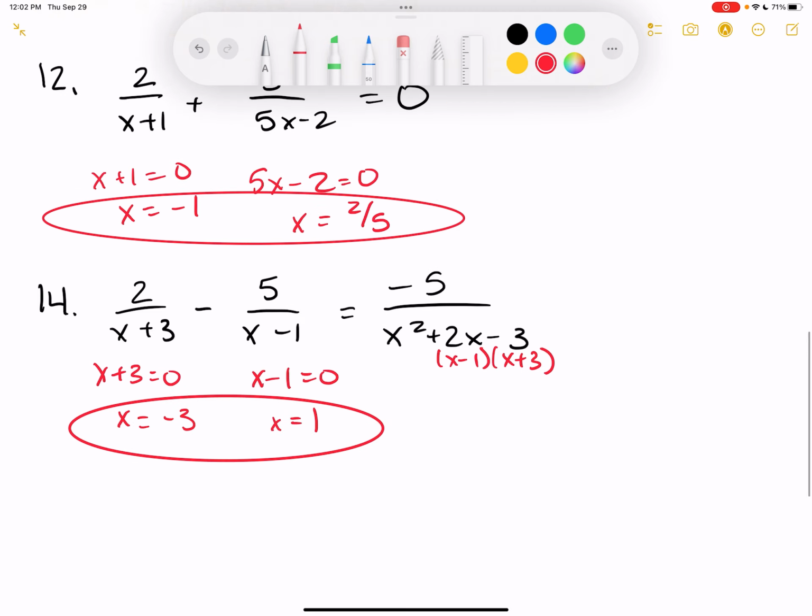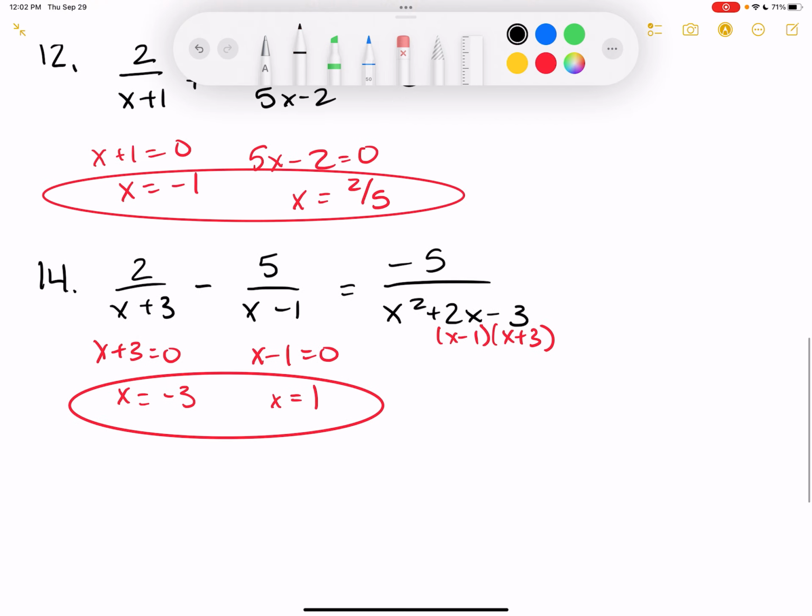All right, next ones, we are actually going to solve the equation. Something like 18: 4x plus 3 over 4 minus 2x over x plus 1 equals x. So how would I go about solving this?